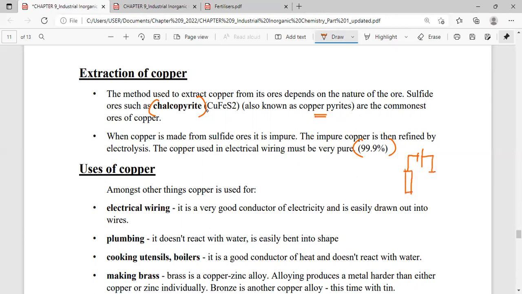you have the cathode and the anode. You have pure copper and impure copper. Now, which one will be the pure copper? So this is the anode, and this is the cathode. Which one will be the pure copper, the anode or the cathode?